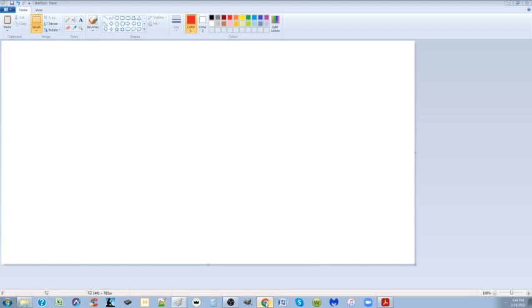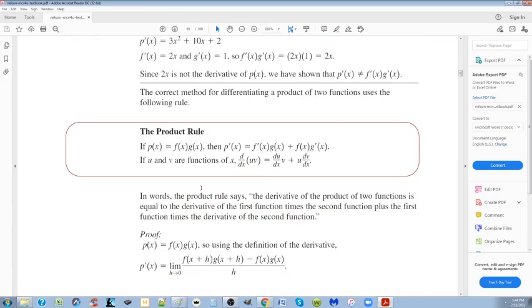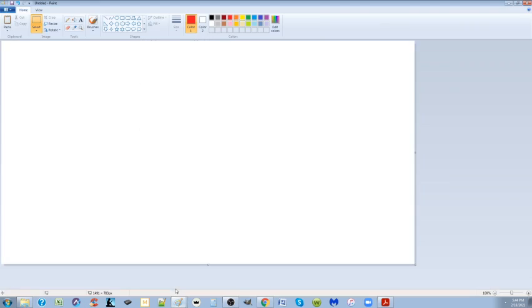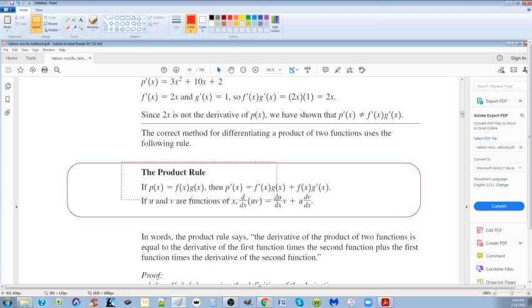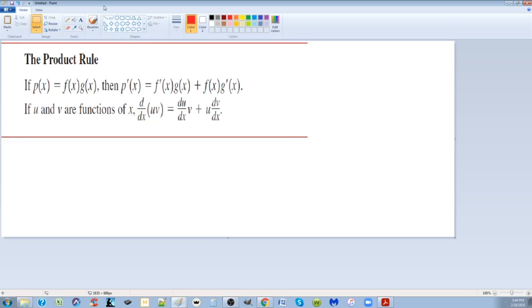Let's move on. So the book will summarize in an incredibly awkward way, the second one anyway, the product rule. It's important you keep master notes somewhere, and there's the product rule. It essentially says that when your function is the product of two polynomials, to find the derivative, you must take the derivative of the first function and multiply it by the actual second function.